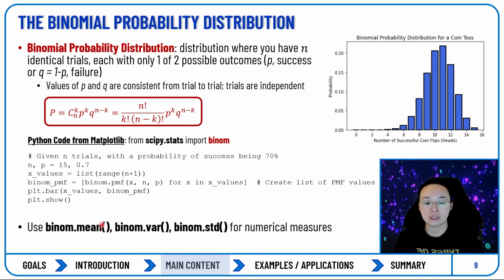You can calculate the mean by using dot mean, you can calculate the variance, and you can calculate the standard deviation for different numerical measures. Those are things that you can use for assignments, for workbooks, and even in your future studies to quickly calculate numerical measures for a distribution. If you want the individual equations, you can take a look in the workbook.